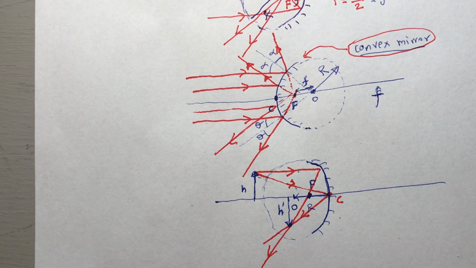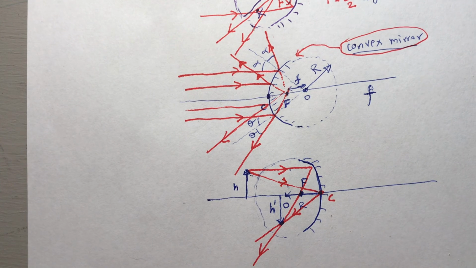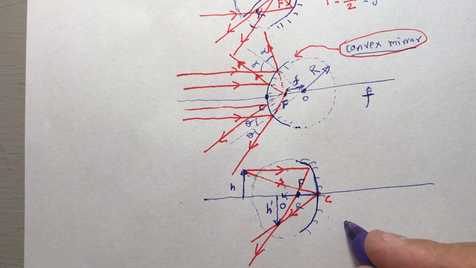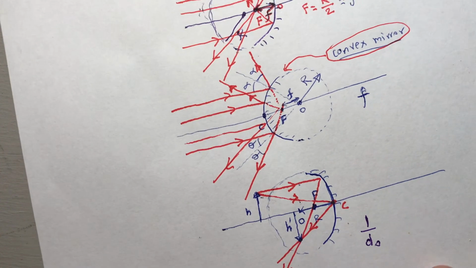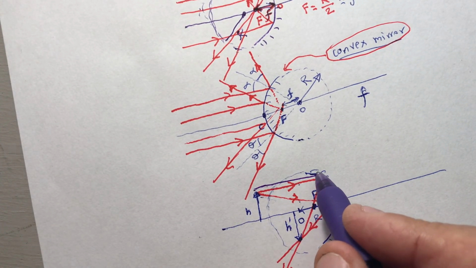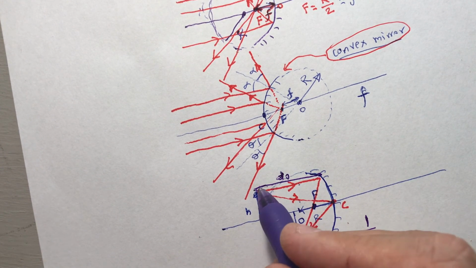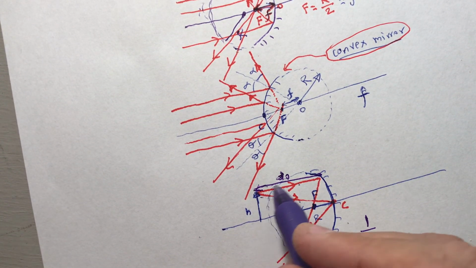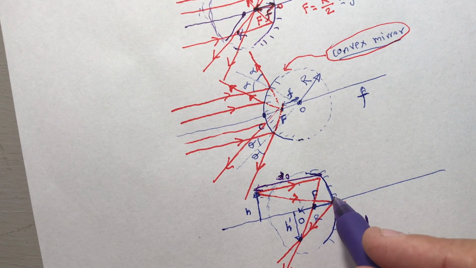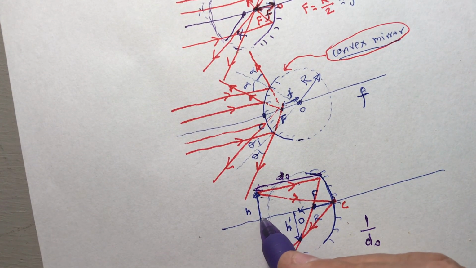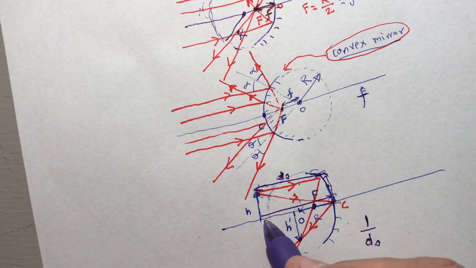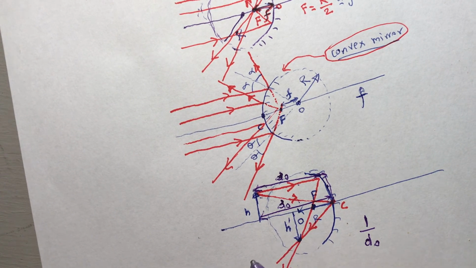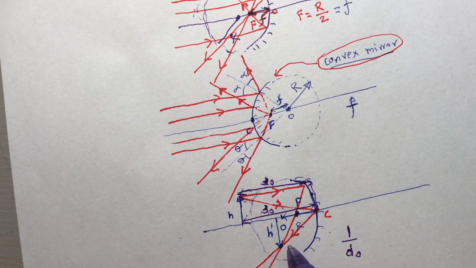So let's find the location of the image. Use the formula which we did in the previous video: 1 over d_o, and here is the distance. This is d_o, from here to the center, this one here. That's d_o. And the image I put here, 1 over d_i.